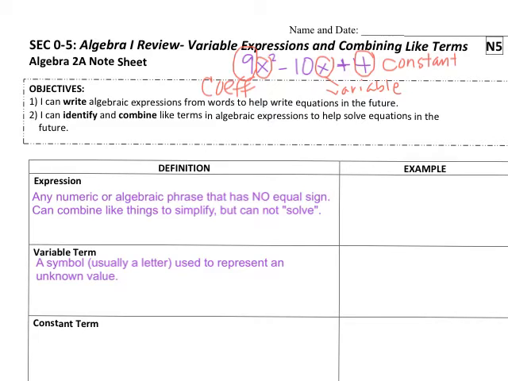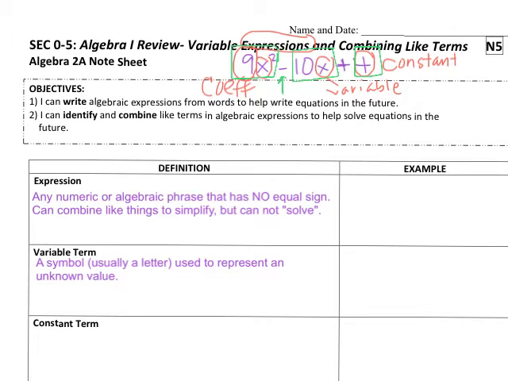And the entire thing here is called an expression. So an expression just has terms. It could have one term, two terms, three terms. And if we really wanted to think about what a term is, it's one individual piece of this expression. So there's one term, two terms, three terms, and you can count the terms by the operations here.